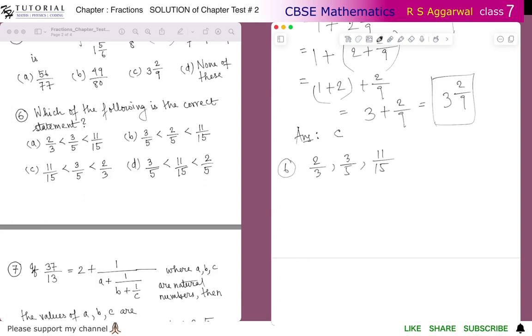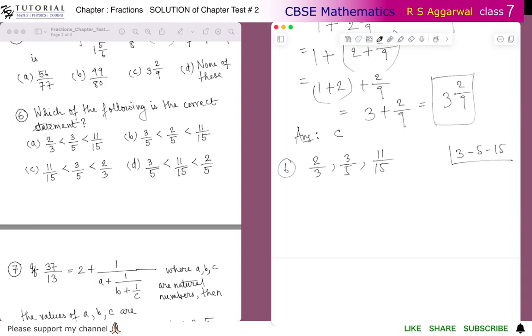So we first convert them to like fractions, which have the same denominator. The denominator will be the LCM of 3, 5 and 15. You can do it orally, it will be 15, but still I am doing the calculation for your reference. How do you find the LCM of some given natural numbers? We first pick the smallest prime number that divides at least 2 of the numbers.